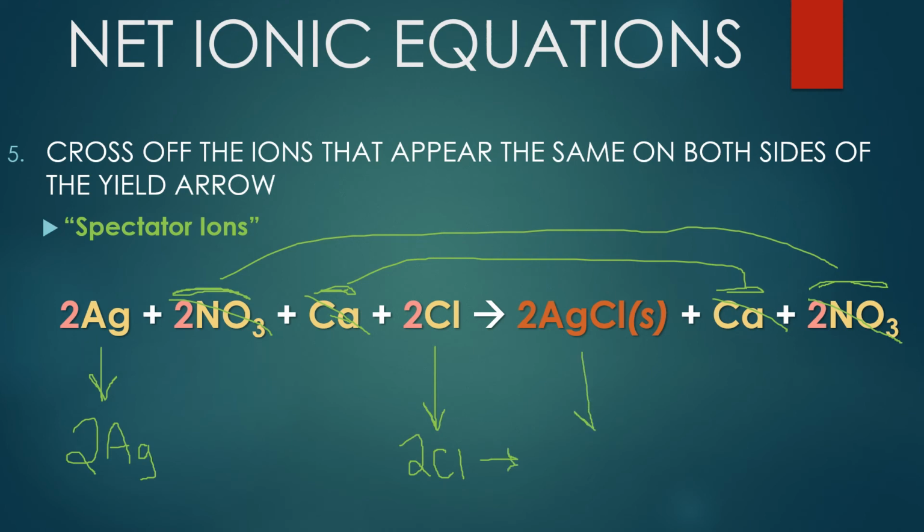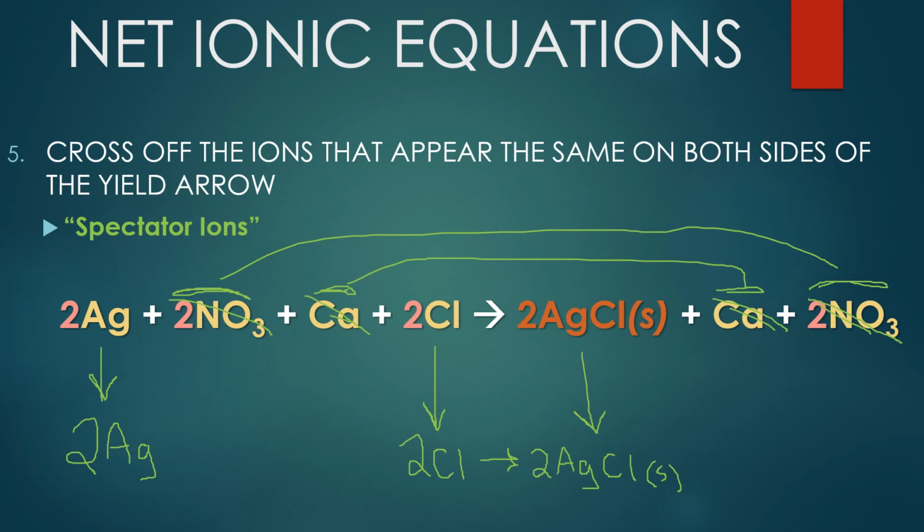We don't do anything to the solid. Just leave the solid alone because that's our precipitate. So we're just going to rewrite that exactly as is. And then calcium is crossed out, and the 2 nitrate is crossed out. So that's the only thing we have. The solid was the only thing we had left to write down after the yield arrow.